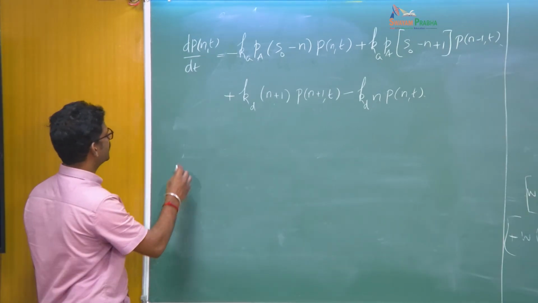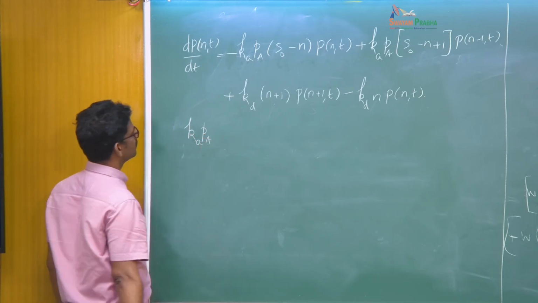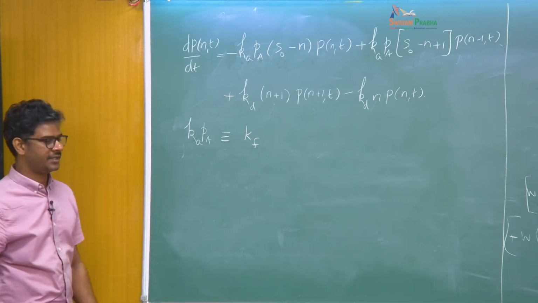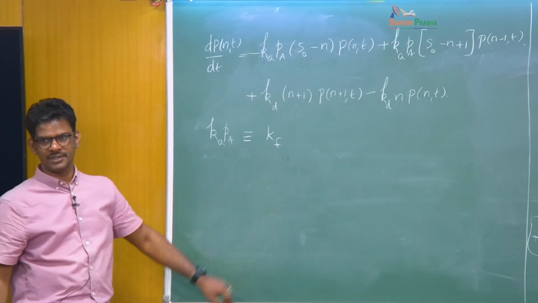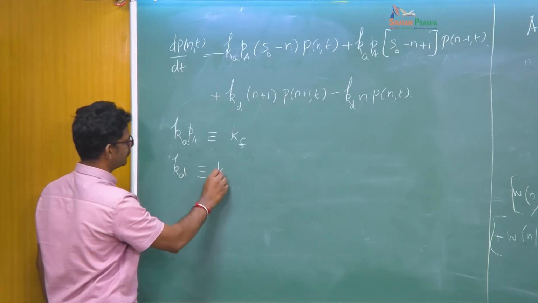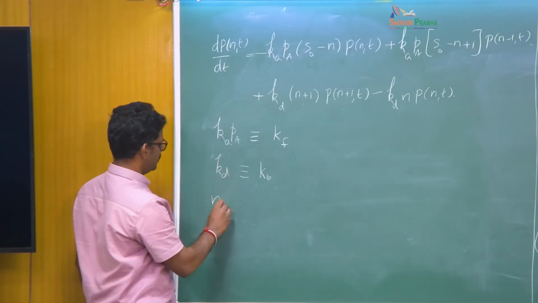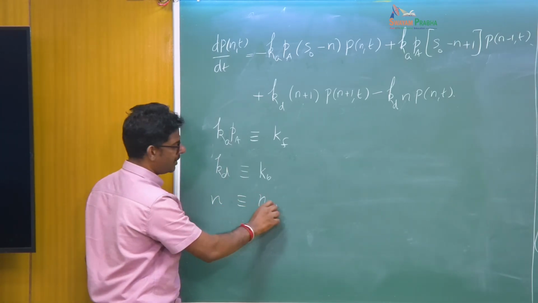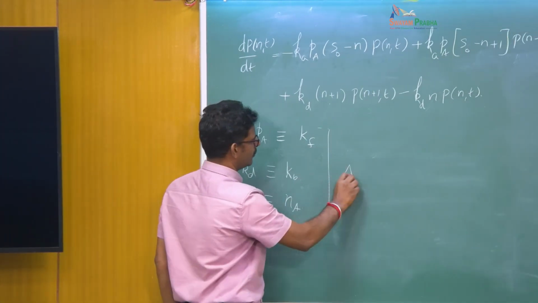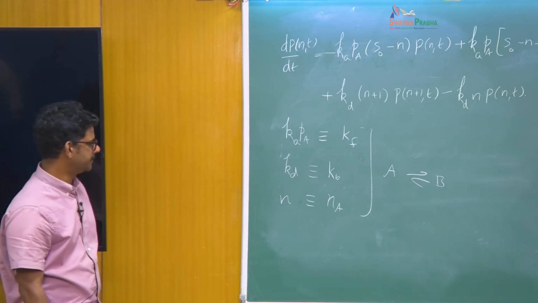So Ka Pa should actually be equal to Kf in the reversible reaction problem, and I think Kd is equivalent to Kb, the backward reaction rate constant, and n here meant Na in the reaction A to B. Okay, so all this right-hand side was written for a chemical reaction going A to B reversibly.